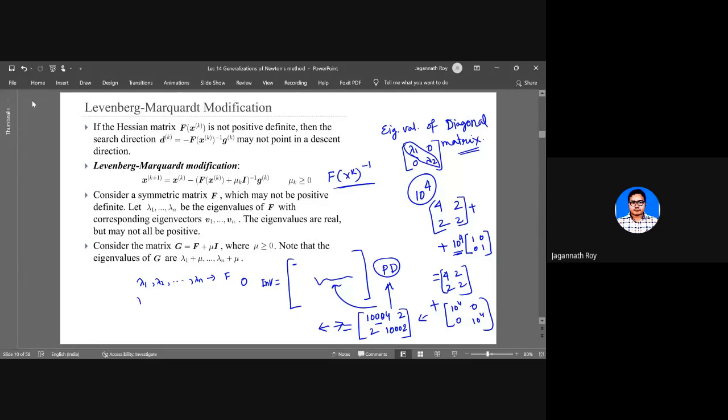By definition, F x equals lambda i x, for i equals 1 to n. So this will be satisfied. F means our Hessian matrix at a particular point, and this x is a vector.